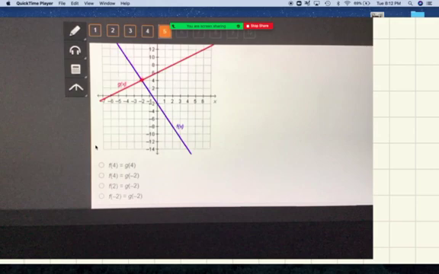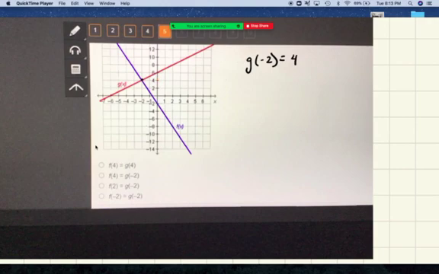So I just need g of, well, -2 gets me to this point for the red line. So g of -2 equals 4.